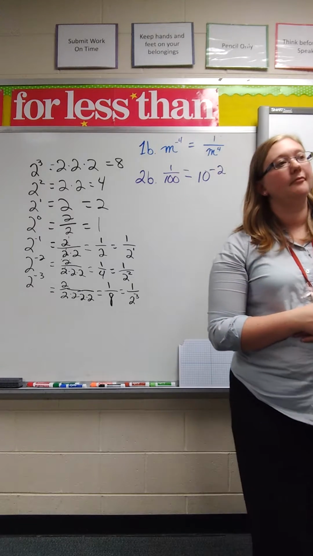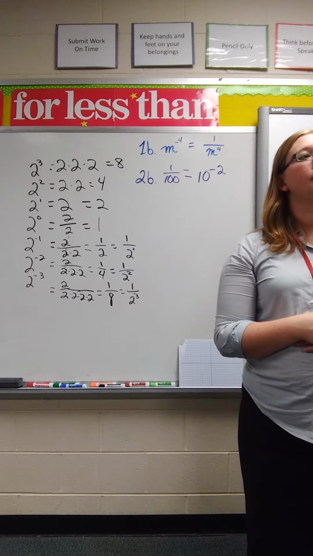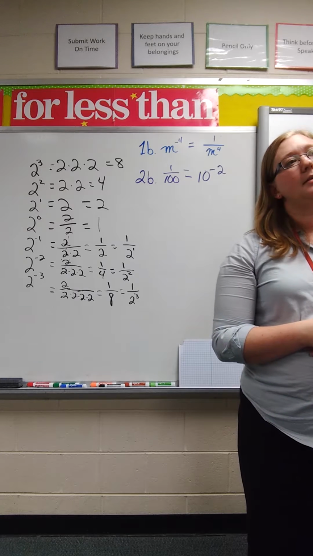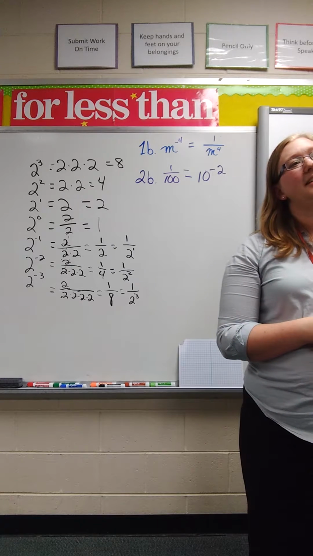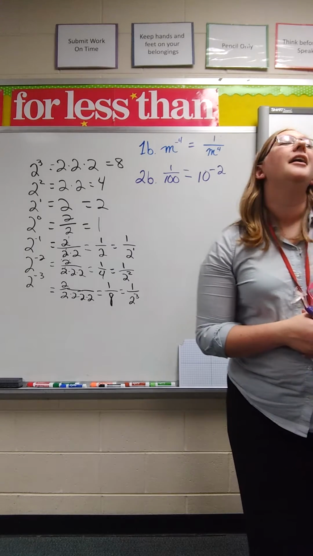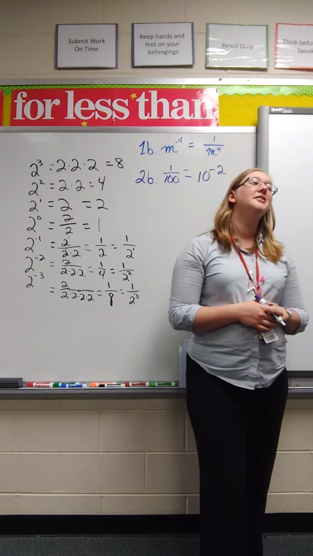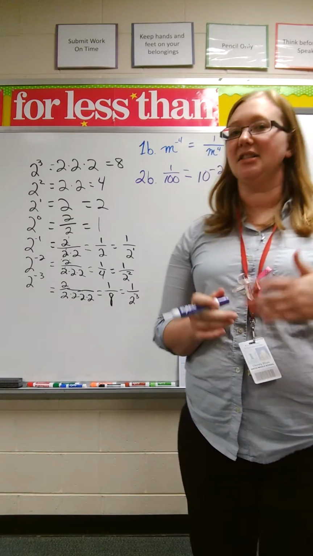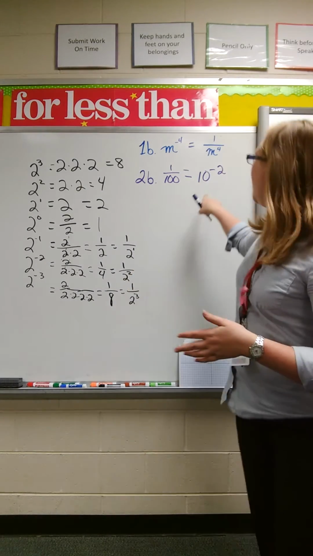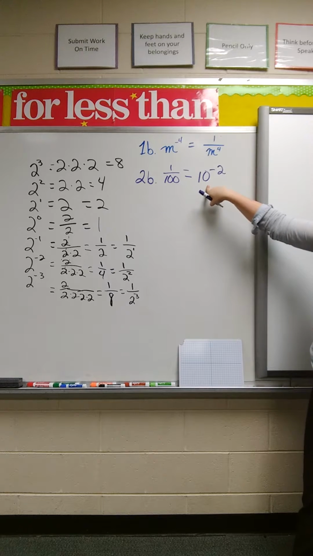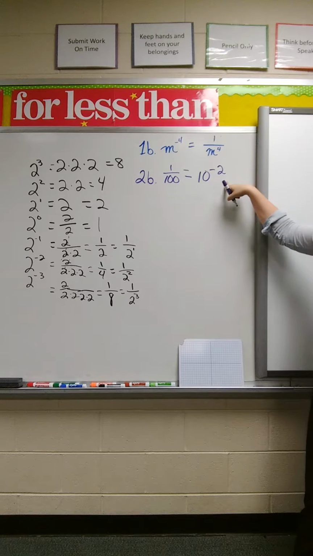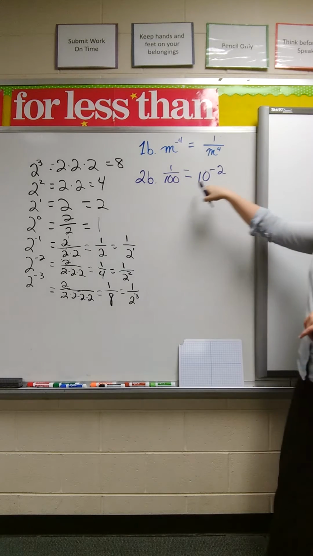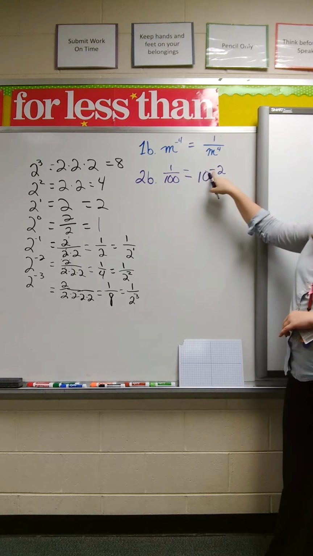Because you divided 10 twice. Good. So, because we know that 100 is 10 squared, we can write 10 with an exponent of 2. That would give us 100, correct? But because it's the denominator of our fraction, we need to make it negative.